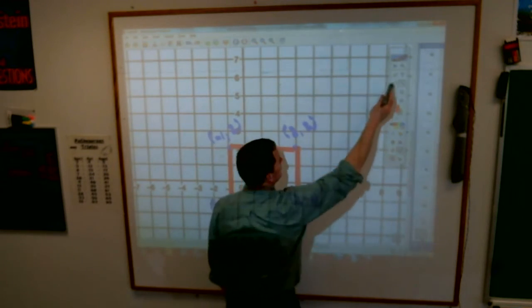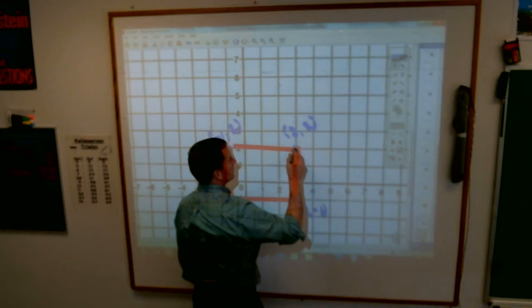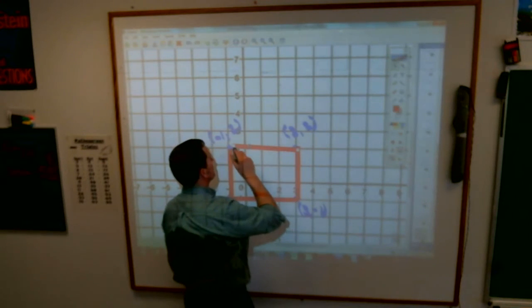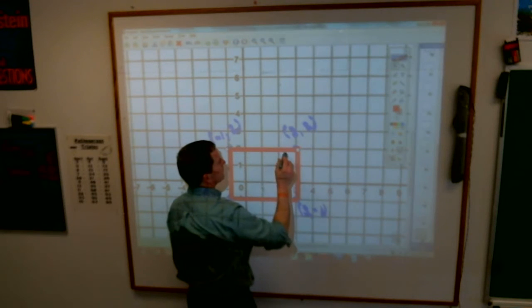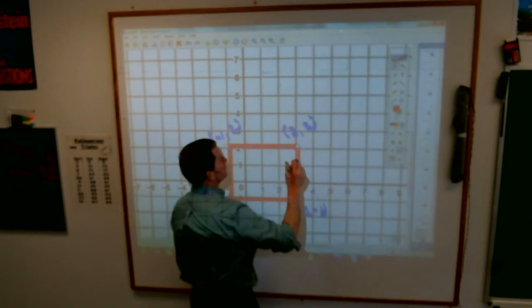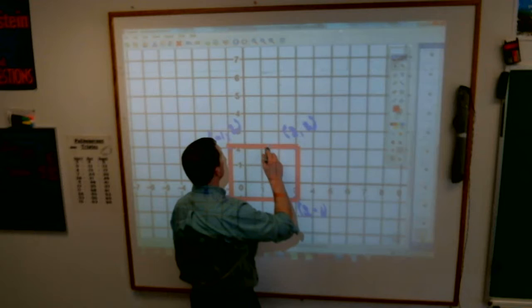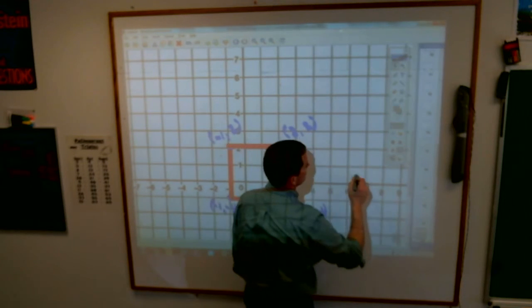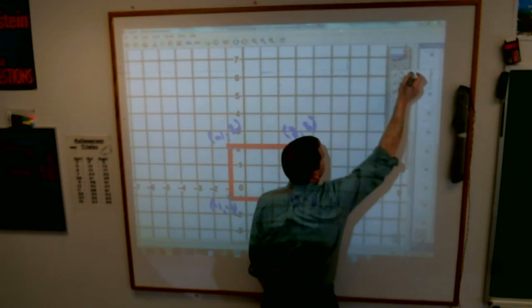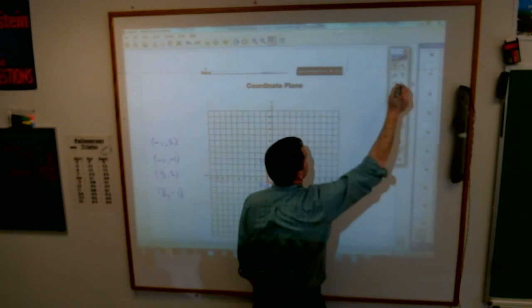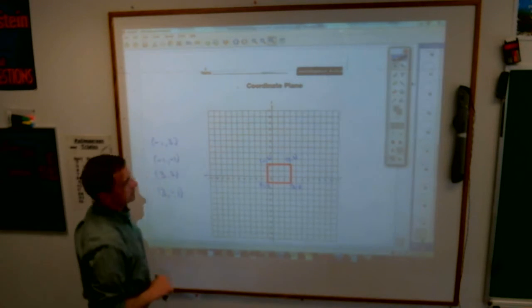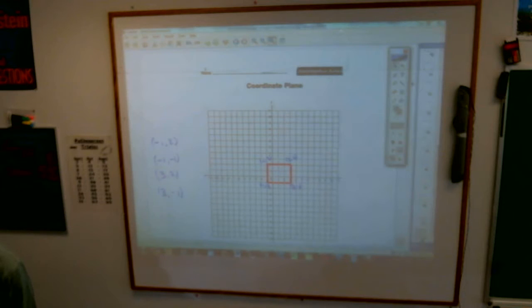Straight line there. Best as my board will allow. Your rectangle should have ended up being somewhere around there.